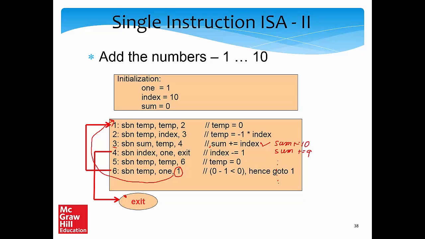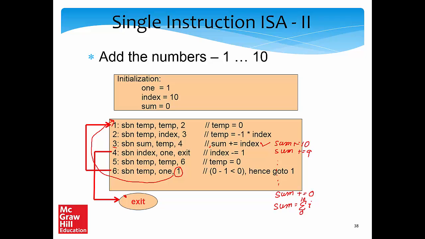And similarly we just keep going till we have sum plus equal to 0. So ultimately sum contains the sum of all the numbers from 0 till 10. And this is exactly what we wanted to compute.